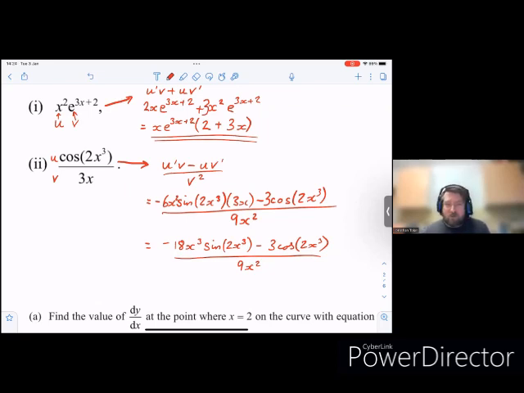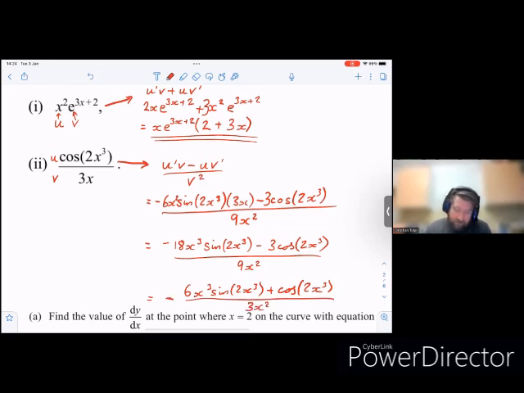I think I might just divide top and bottom by minus 3, to get minus 6x cubed sine 2x cubed plus cos 2x cubed all over 3x squared.